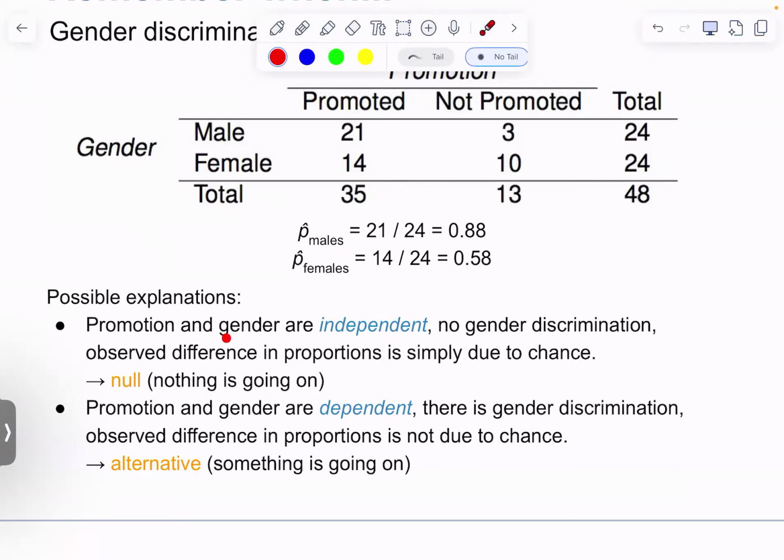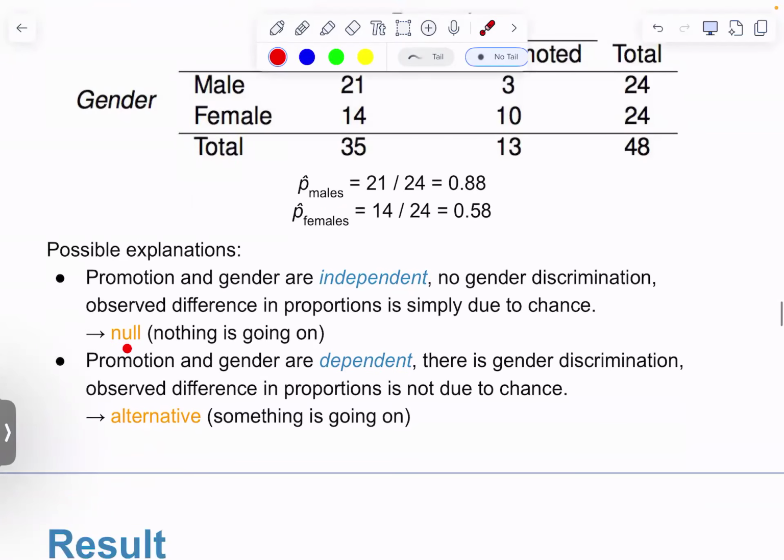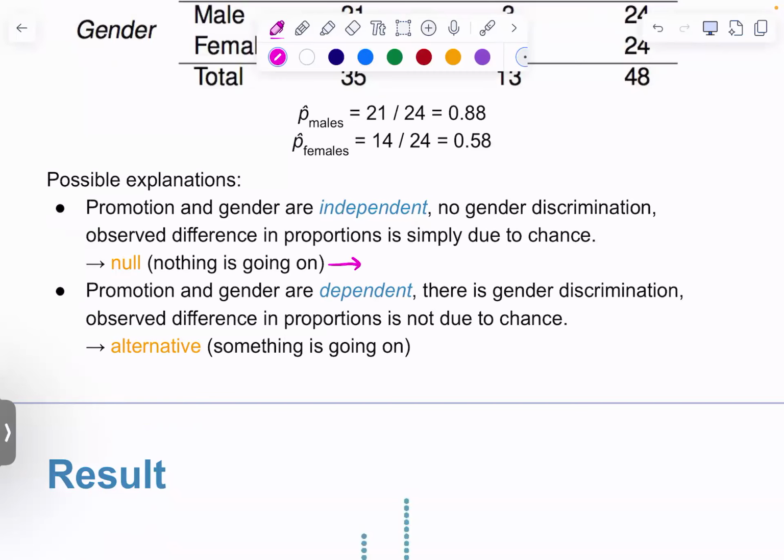That's one explanation. This is what we call our null hypothesis. The null hypothesis says nothing is happening here.